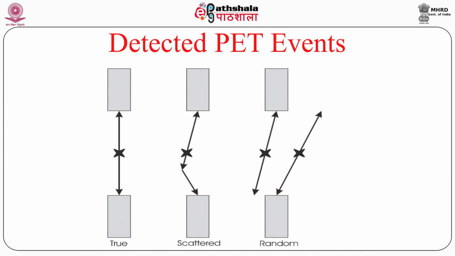It means the photon emitted in one place goes to one detector, but the photon from the other point is scattered and reaches another detector at the same time. They are called scattered events. Similarly, there are random events. Random is what? The event is not a true one because one photon reaches a detector, the other gets scattered, or is from another point. In this way the events are noted as random, but they are not true events. They should not be detected and should not be used for image reconstruction.